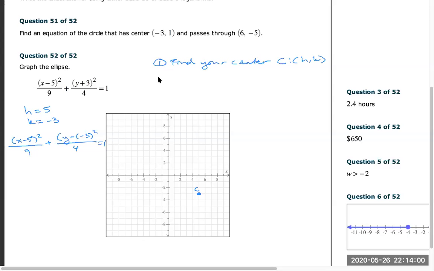So to find A and B: remember, A, for the way that I do it, is always the part that's underneath the x squared term. So I have x minus 5, the quantity squared, divided by 3 squared on the bottom. So what that tells me is that A is 3.